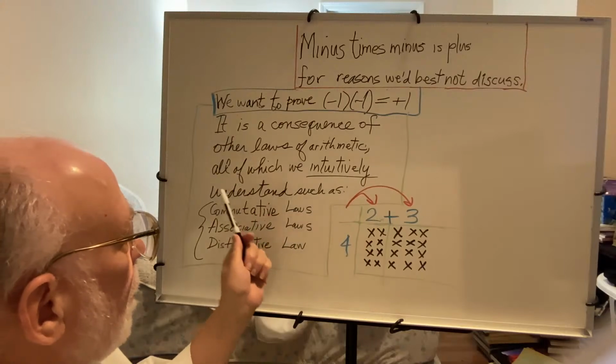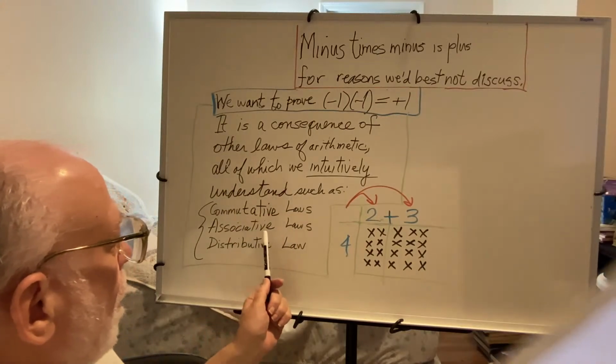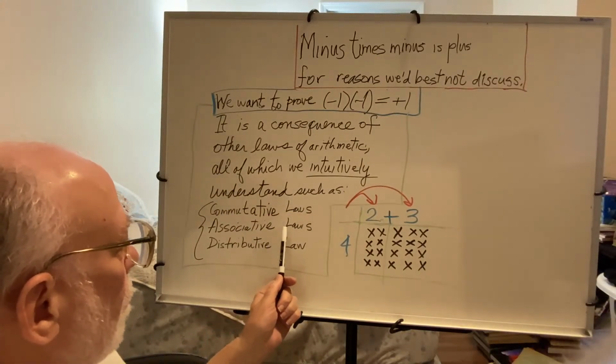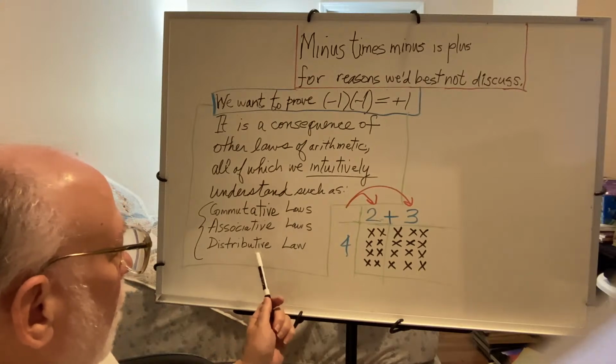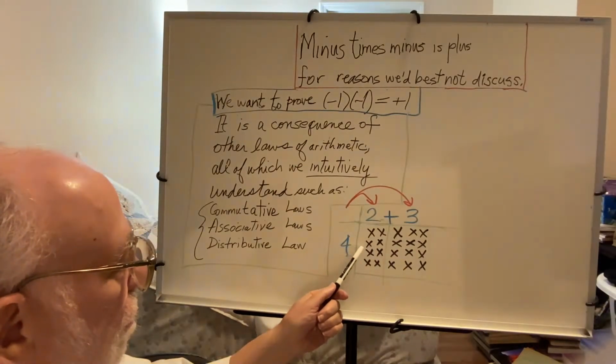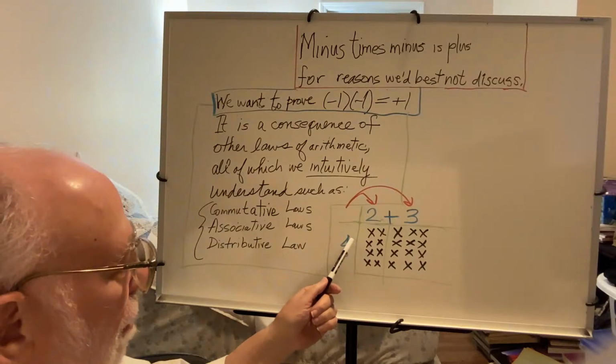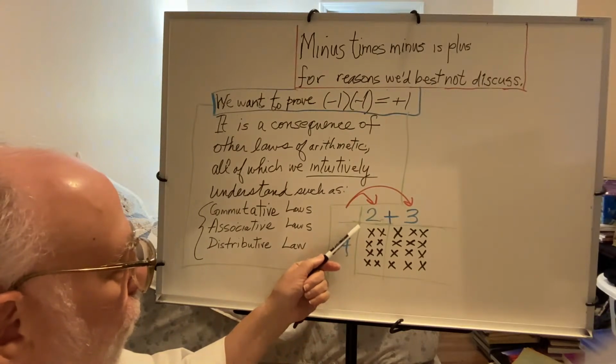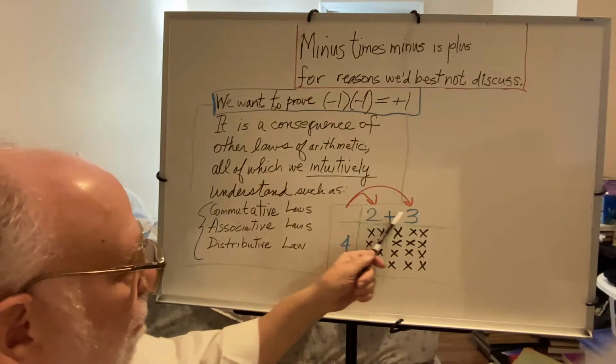Okay, we have the commutative law, the associative law; those are laws of addition, and we have the distributive property. Here's an intuitive view of that. You have 4 rows, 2 columns here, 3 columns here.